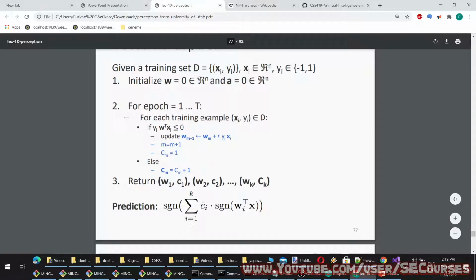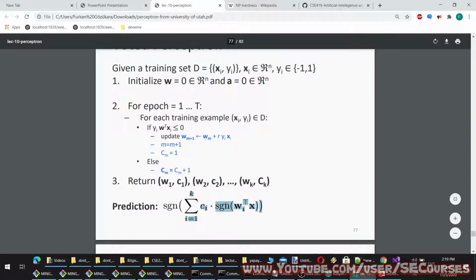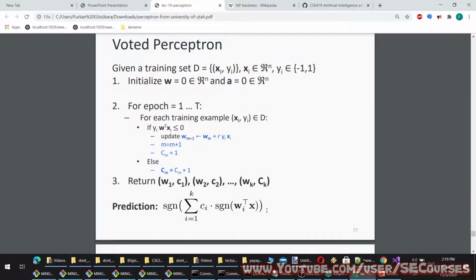So you see the weights are produced, multiplied with the c value. Okay, so this is the voted perceptron. Based on those votings and summarization, the final output is decided.